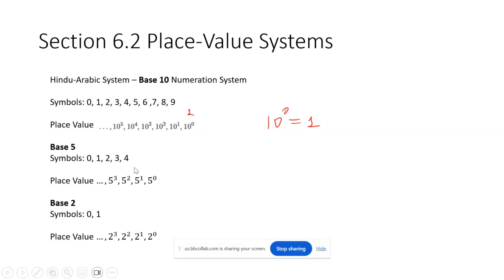So base 5 has symbols 0, 1, 2, 3, 4, and you're not allowed to use any digit of 5 or greater. The place values start again with the ones, and then since it's base 5, the next one is 5 to the power 1, which is 5, then 5 squared, which is 25, 5 to the power 3, which is 125, and so on.